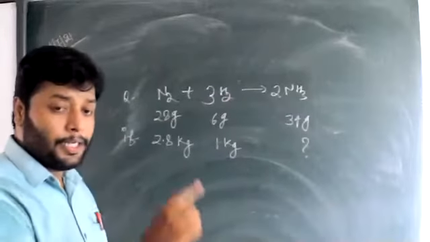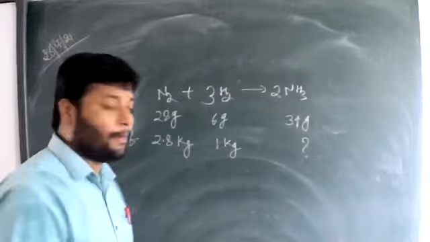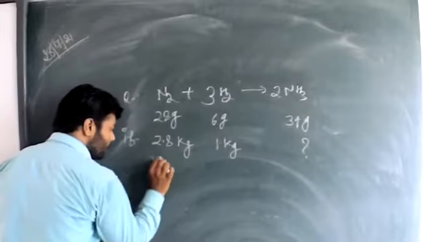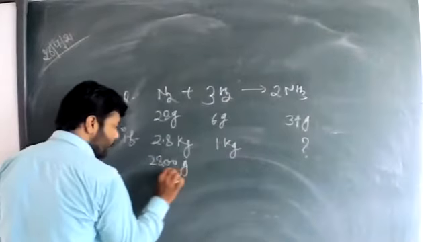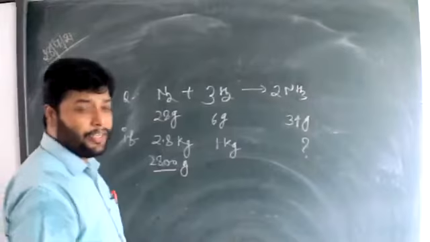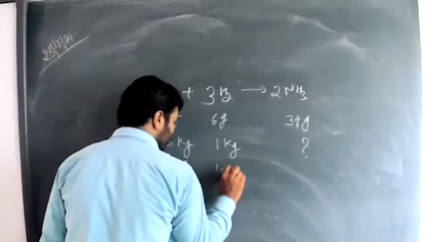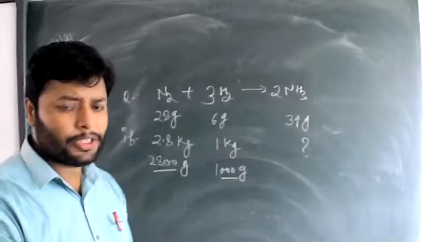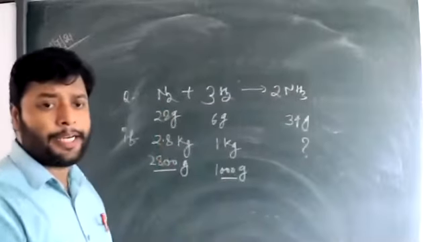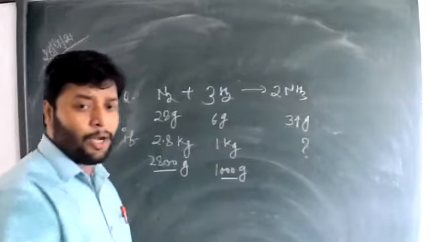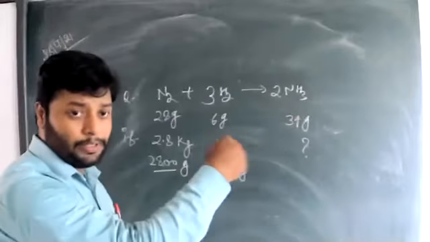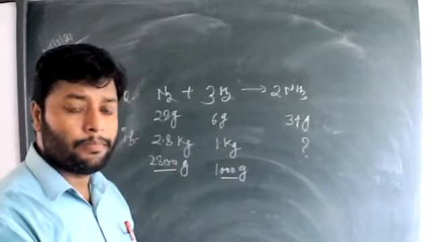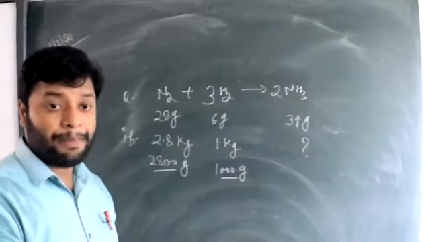First, convert 2.8 kilogram into gram, which will be 2,800, and 1,000 for hydrogen. That is all about the question. The nitrogen given is 2,800 gram, the hydrogen given is 1,000 gram, and you have to find the mass of ammonia produced in gram.